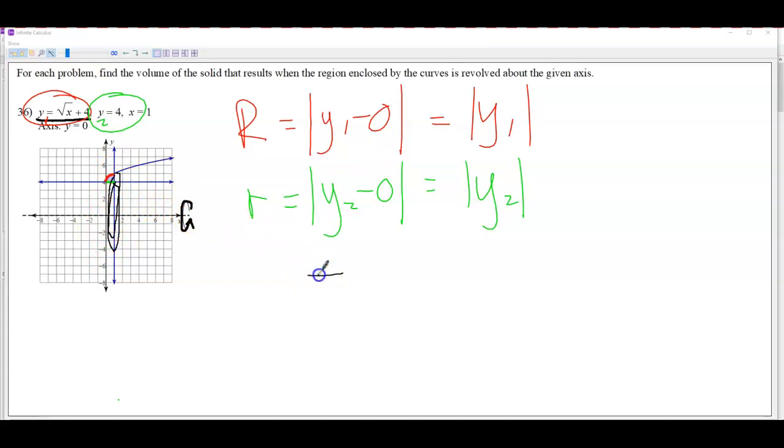And each one of them has an area of pi r squared. This is for the big radius, or the bigger circle, and this would be for the little radius, giving us the little circle.